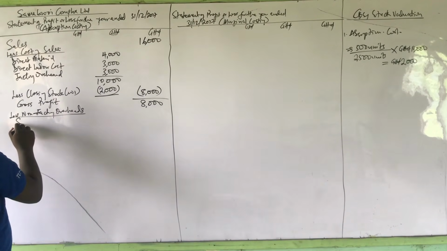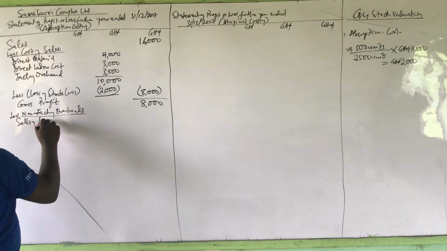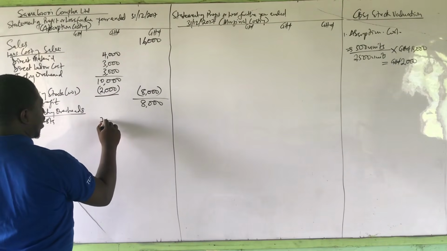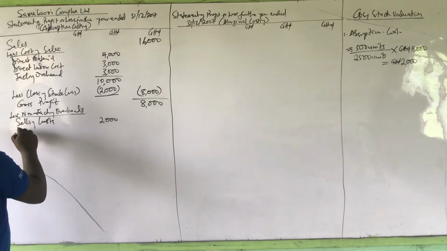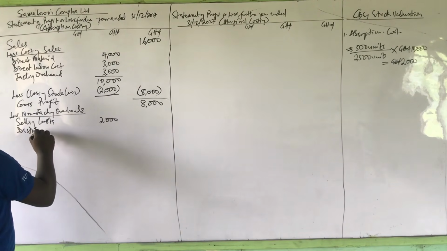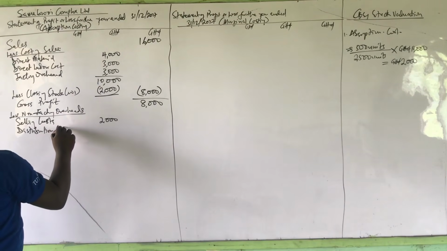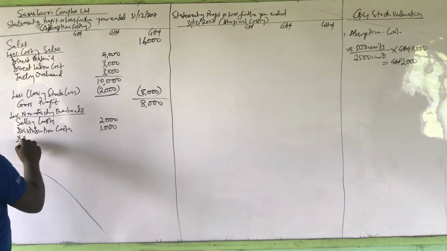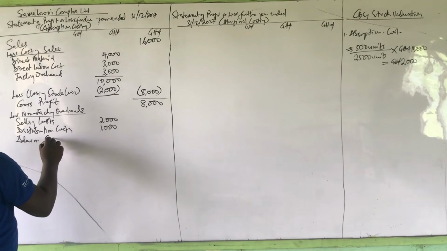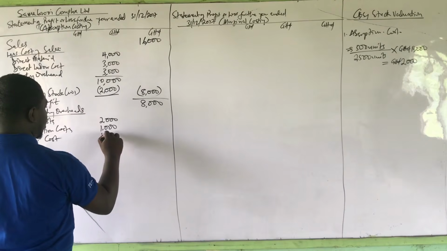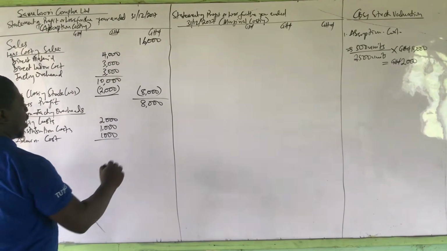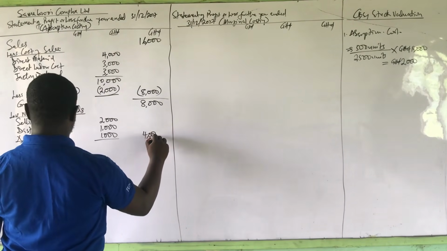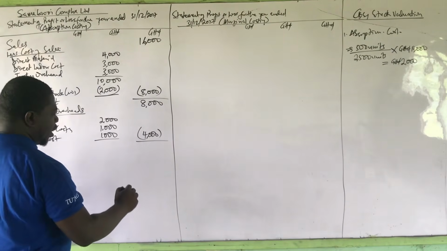So when we add up, we have a total non-factory overheads of 4,000 Ghana cedis.